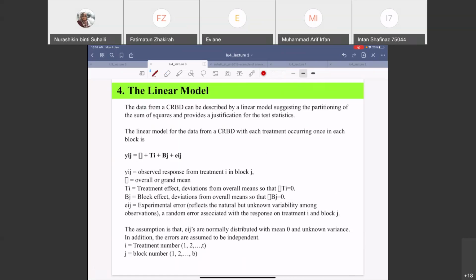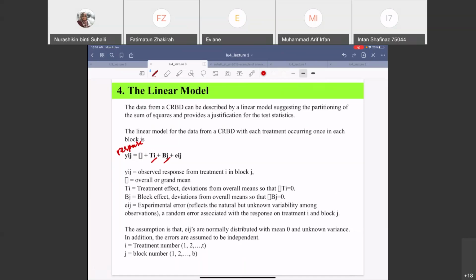So here, of course, we have to insert the blocks, the block effect, because the response will be influenced by both the treatments and the blocks. Both of them give effect to the response or the results. So those things need to be considered in the linear equation model.